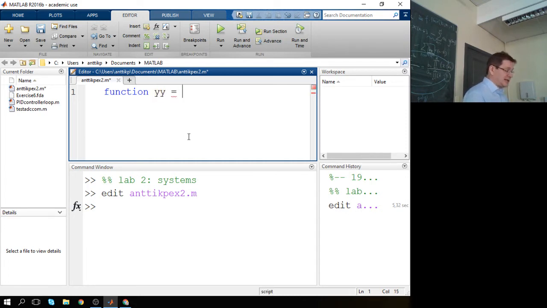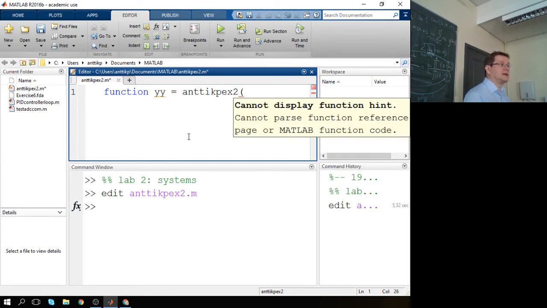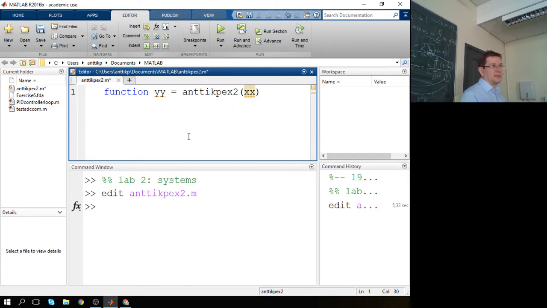And then basically you would more or less use the same function name as your file name. And after that, you need the input variables, and this time I have only x as system input.